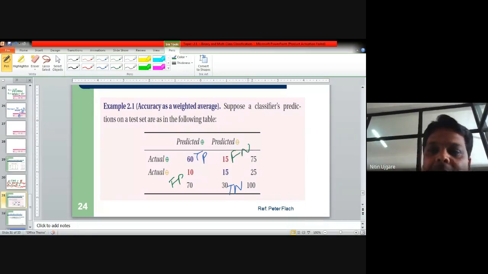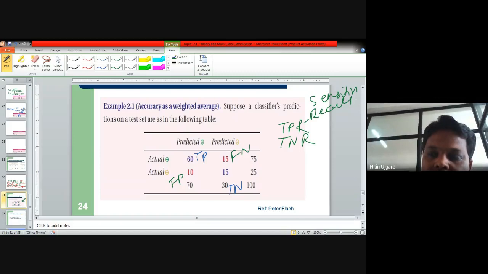And you're supposed to calculate TPR and TNR. TPR is also called recall and sensitivity, whereas TNR is called specificity. Then you're supposed to calculate the FNR.